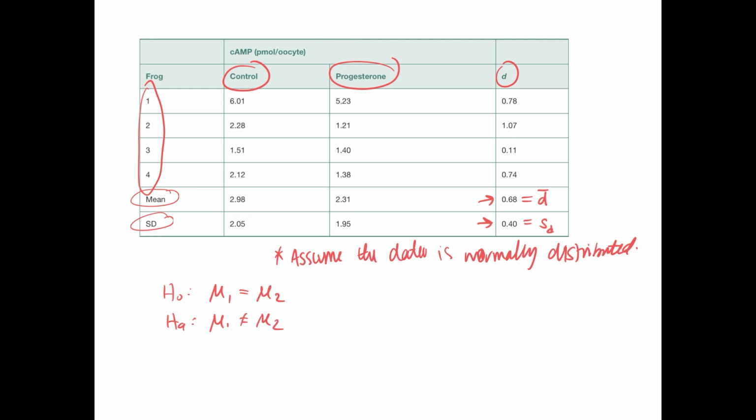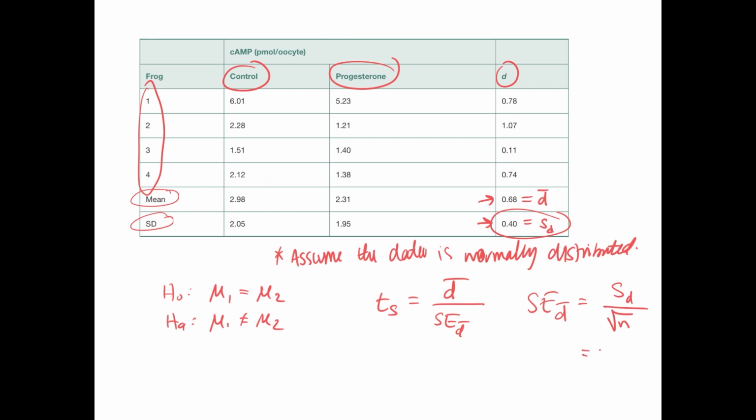The next step is making the test statistic. The test statistic in the paired t-test looks like this: test statistic equals d bar over the standard error of d bar. The standard error of d bar is just the standard deviation of the differences, divided by the square root of the number of pairs.